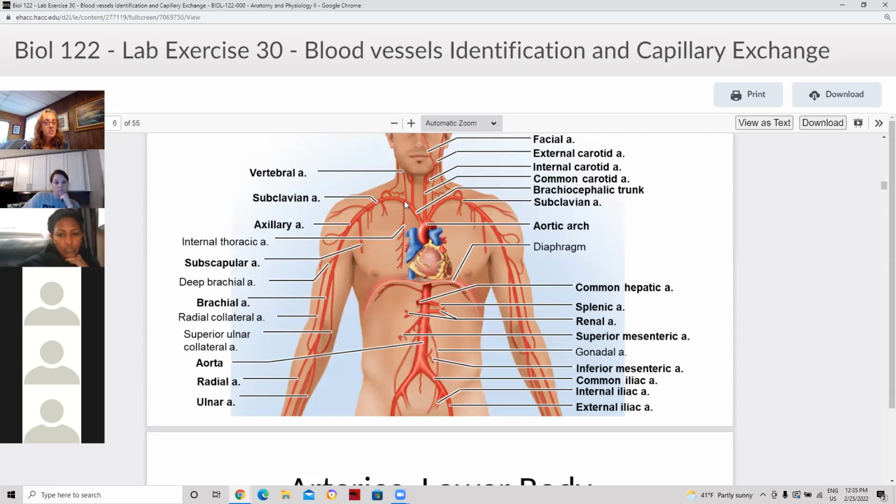When it's in the chest area, it's the thoracic aorta. I'm sorry, I think I called it the thoracic artery. As it moves past the diaphragm, it becomes the abdominal aorta, because now it's in the abdominal cavity.